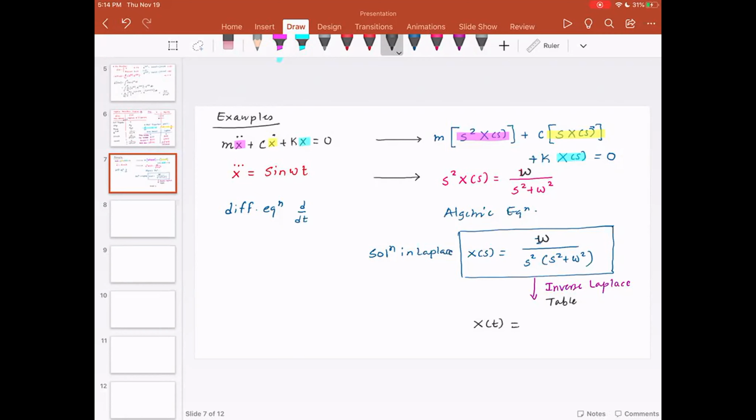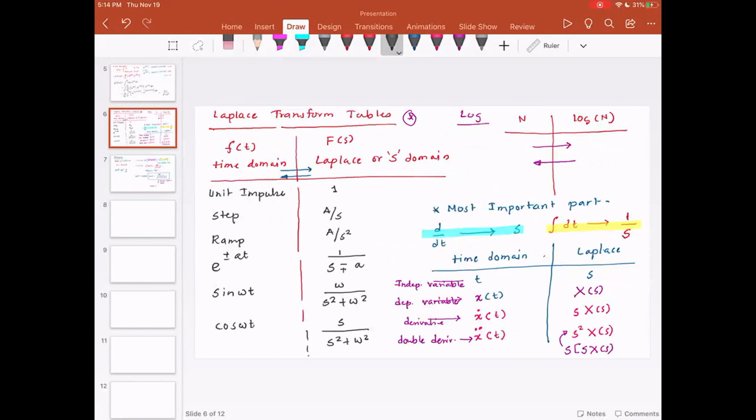Alexander, I am going to unmute you. You should be unmuted. I noticed in the table that in the time domain there was e to the plus or minus at, and then in Laplace there was s, then minus or plus. Does that mean that the Laplace has the inverse operation of the time domain, or is that a mistake?